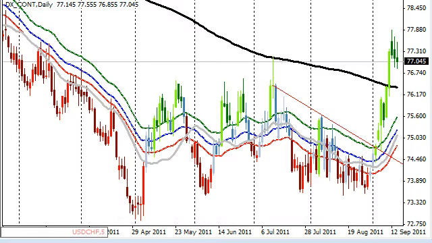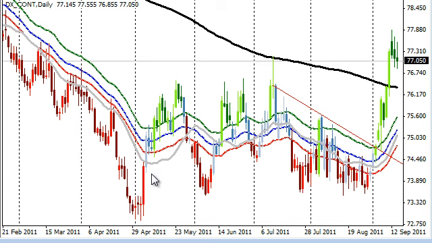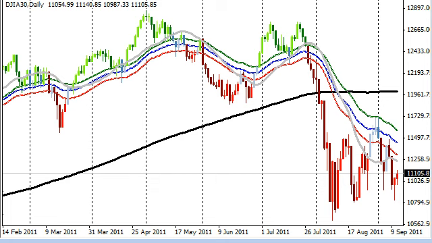When you see what's happening to the Dow, it makes sense as to why the yen has continued to move. Think about what's left of the safe havens. The franc's out as a safe haven, right?